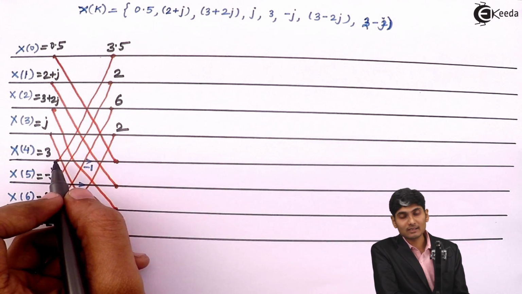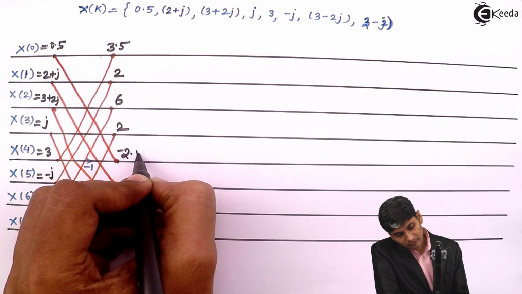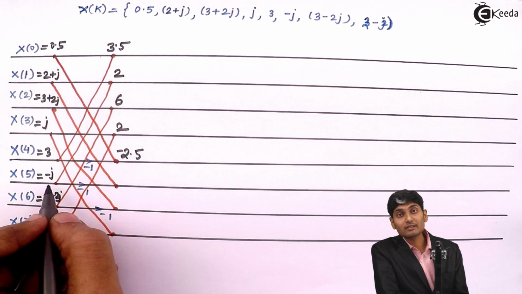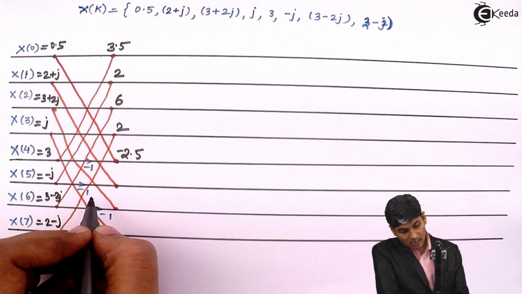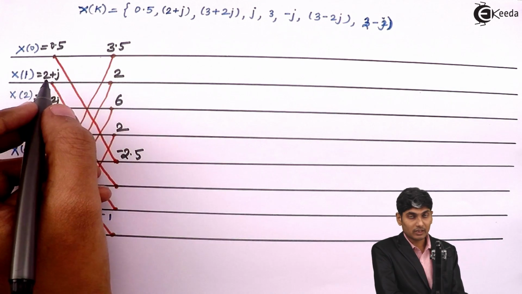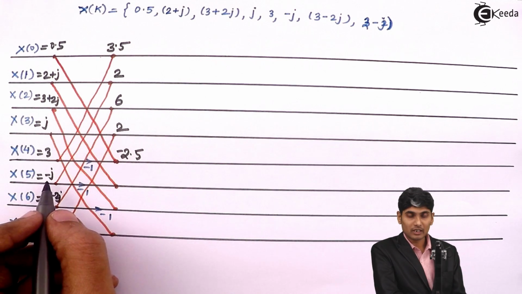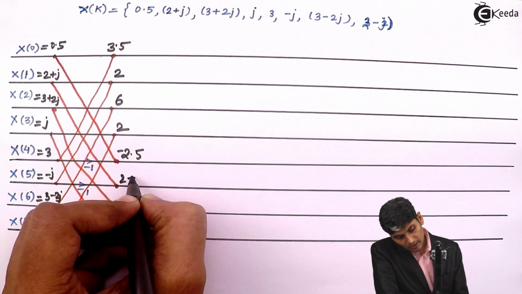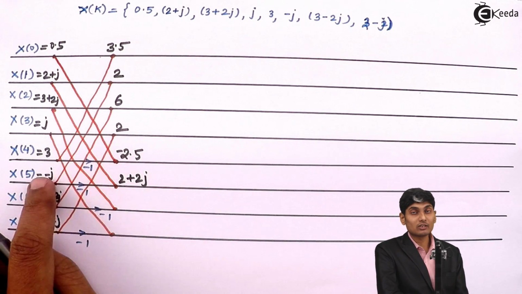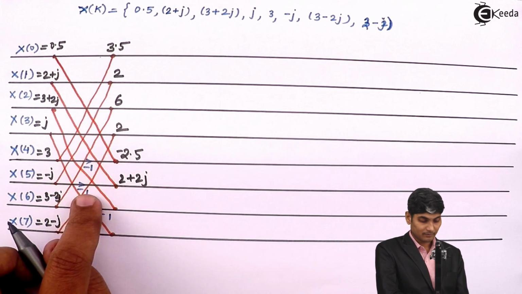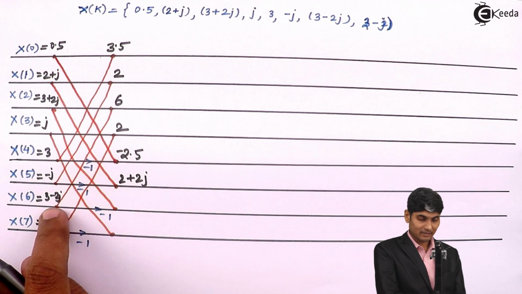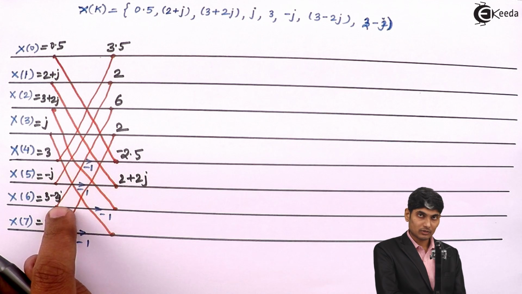0.5 minus 3 is minus 2.5. 2 plus j minus of minus j, that is plus j. So 2 plus j plus j, that will give me 2 plus 2j, because both minus signs will convert to plus. Then 3 plus 2j minus 3 plus 2j.